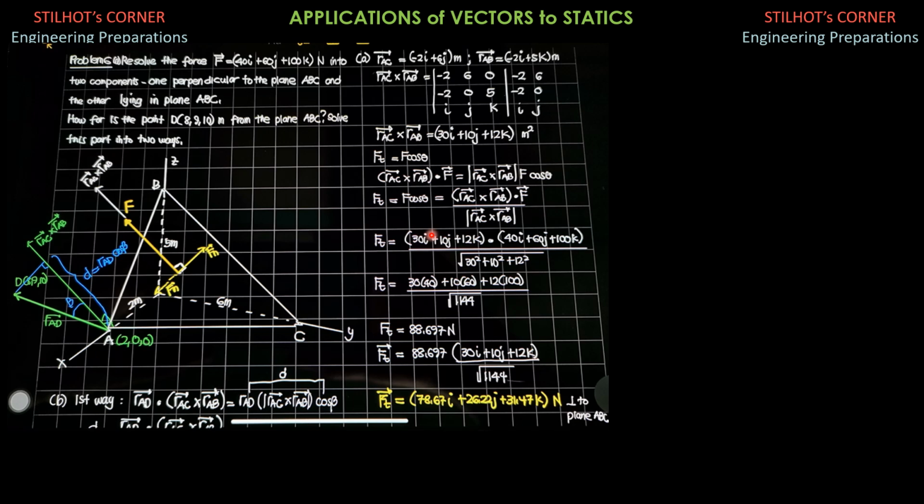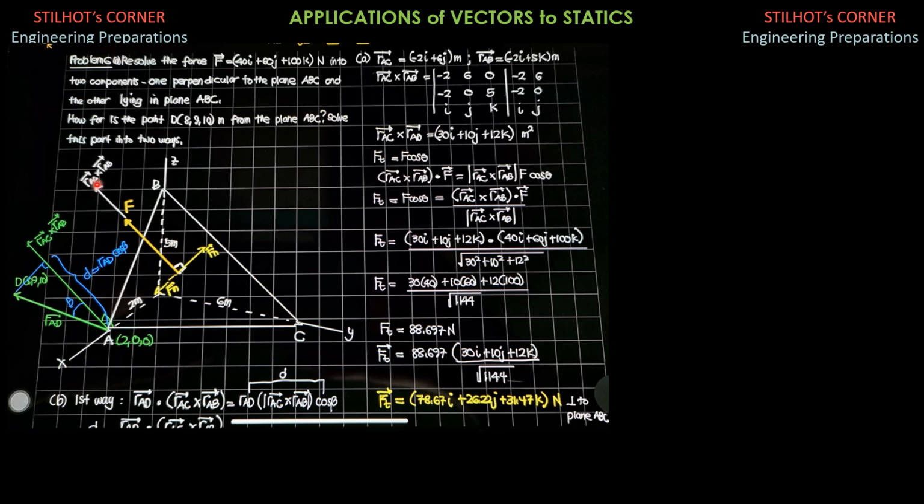Then, by expansion, 30 times 40, i dot i is 1. So we only need to remember the definition of that product. So 30 times 40 plus 10 times 60 plus 12 times 100. So that would be 88.697 newtons, the magnitude.